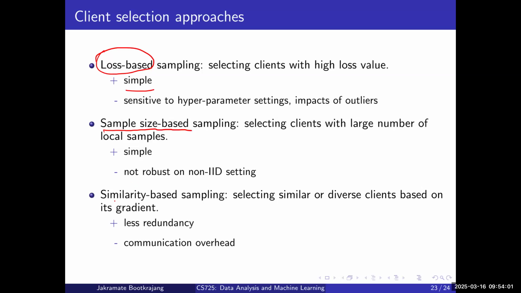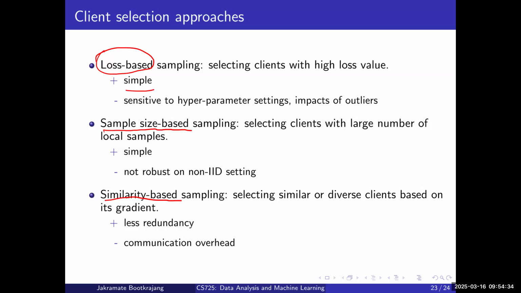Another one is called similarity-based sampling. The similarity-based sampling is that you want to pick a diverse set of parameters, and we can try to compare the weights from two devices, and if the weights from two devices are very similar, then maybe you only need to pick one, right?